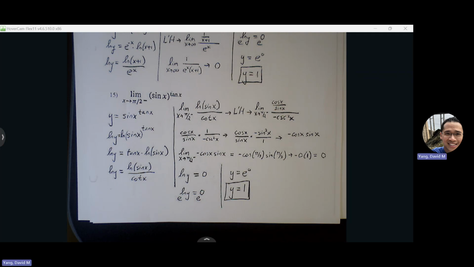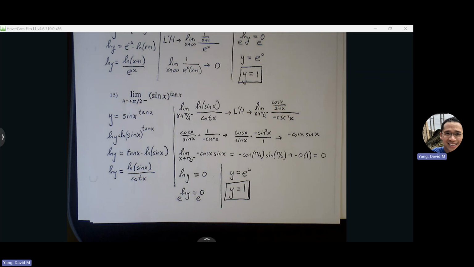It's undefined, but if we're approaching pi over 2 from the left, it's getting smaller and smaller. So this is approaching 0, this is approaching 0, so they're both suitable.